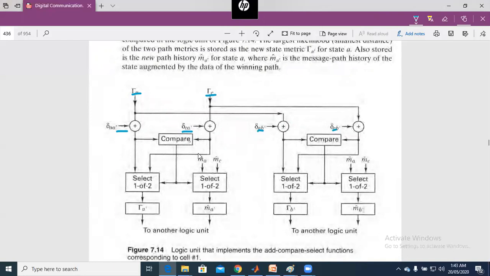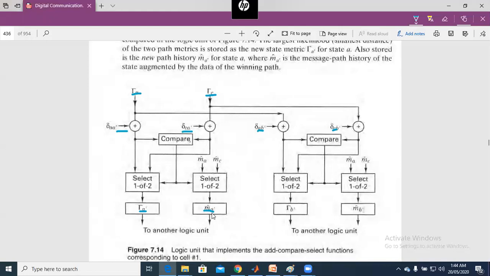And from this, what we are doing is we compare the two distances and then we select the Hamming distance of the current path, of the best path, and the message bit of the two paths selected. We select the message decoded from these two paths.